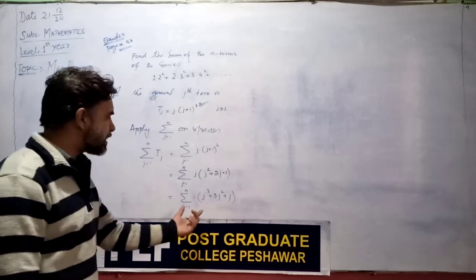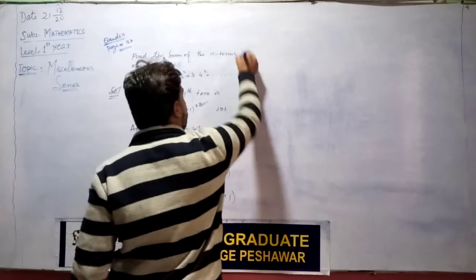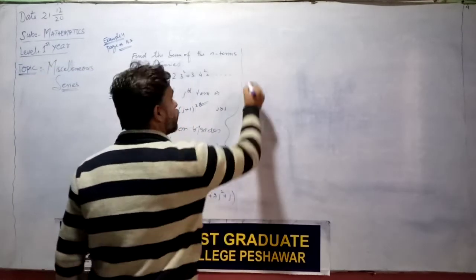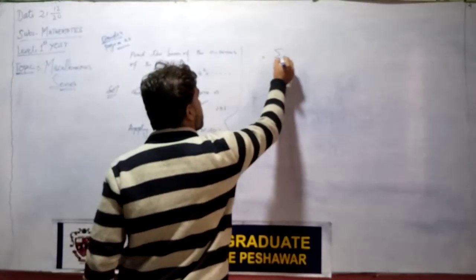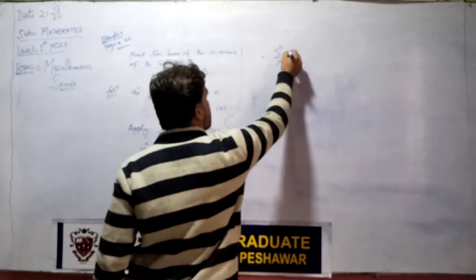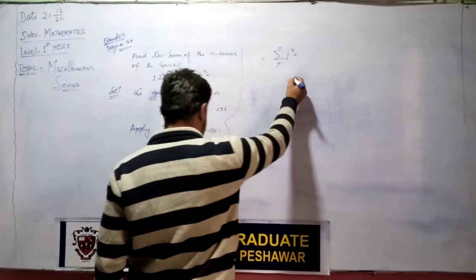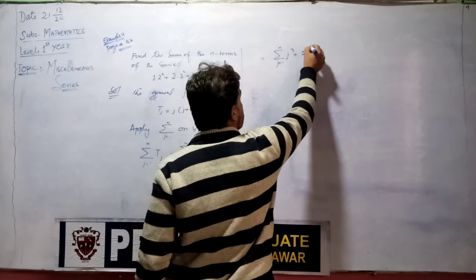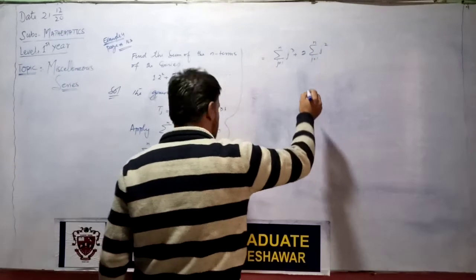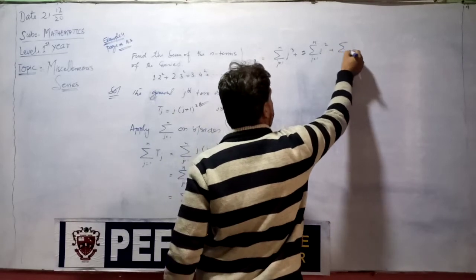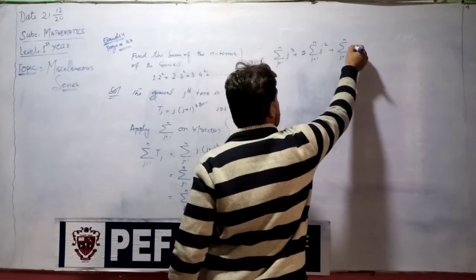Now we know that summation can be applied with rules, so this can be written as summation j from 1 to n of j cubed, similarly 2 times summation j from 1 to n of j squared, and summation j from 1 to n of j.